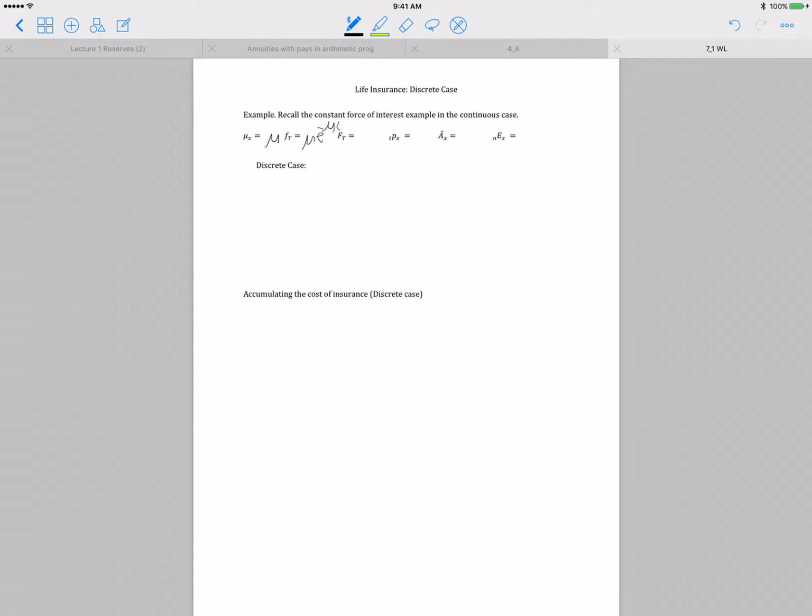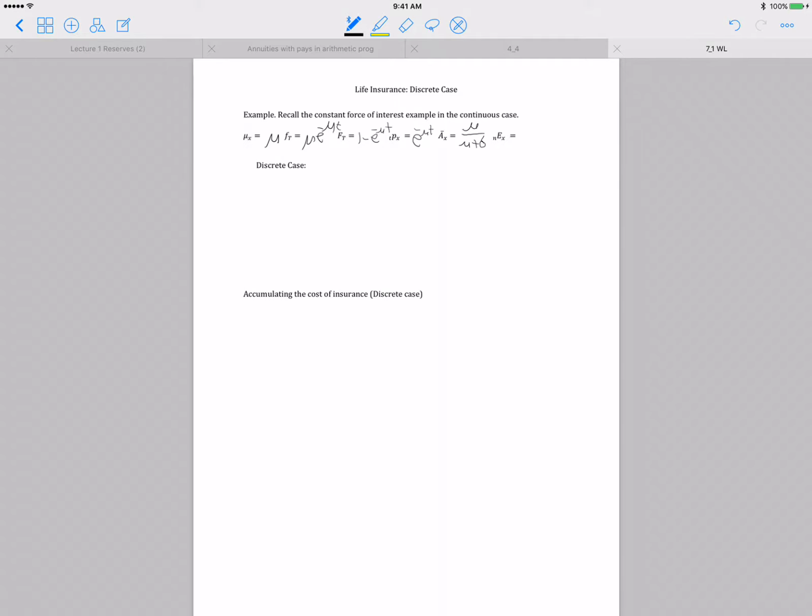And then my cumulative distribution function for the exponential, and my survival distribution function, and my actual present value for $1 whole life is mu over mu plus delta.